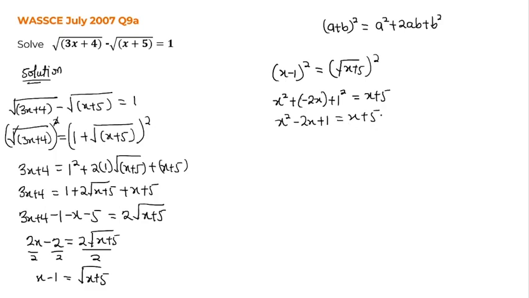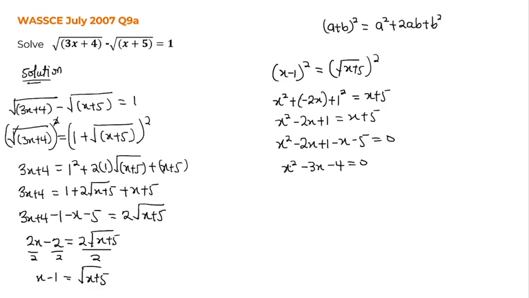Now I need to move everything from my right hand side to my left hand side and equate the equation to 0. So I have s squared minus 2s plus 1 minus s minus 5 is equal to 0. So I have here s squared minus 2s minus s will give me minus 3s. Then I have 1 minus 5 will give me minus 4 is equal to 0. So now I have a quadratic equation for me to solve.